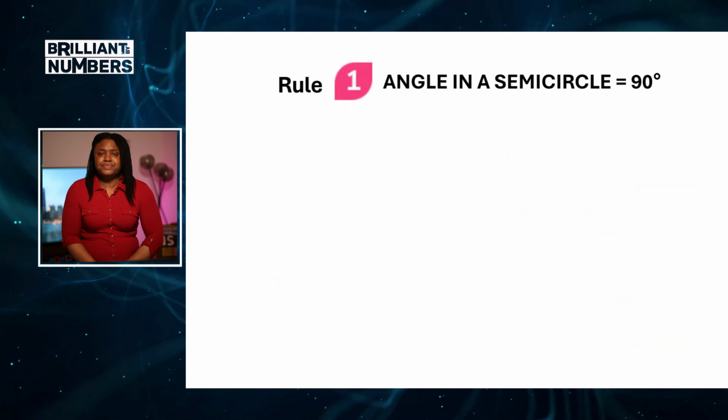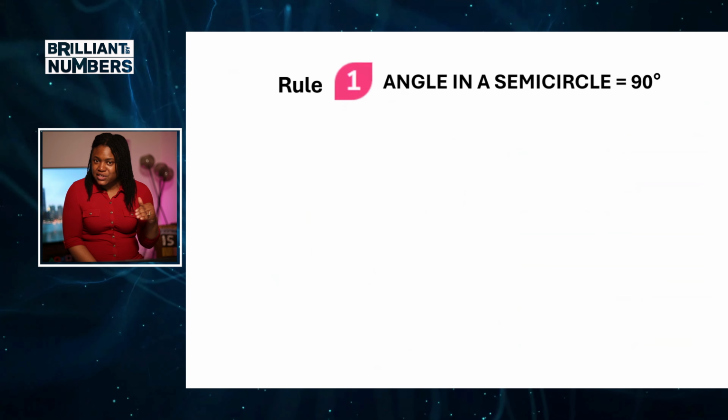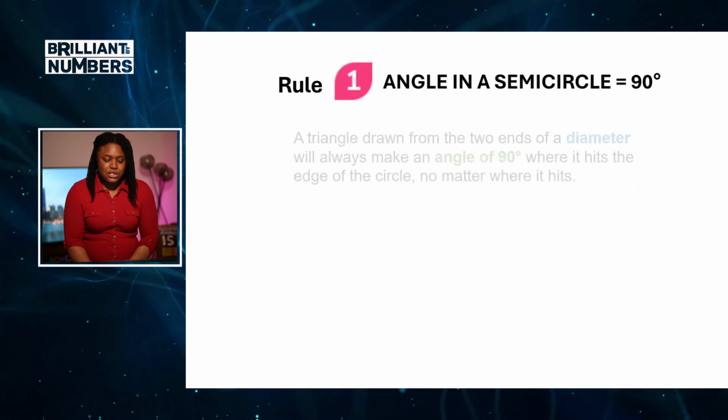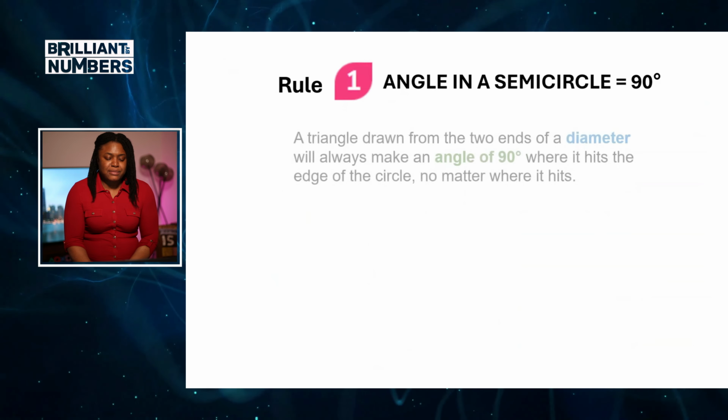Rule number 1 says that angles in a semicircle, which is half of a circle, is always equal to 90 degrees. So I'm just going to ask you to write this down. Now, how do I know I've got a semicircle? I must have a diameter present.